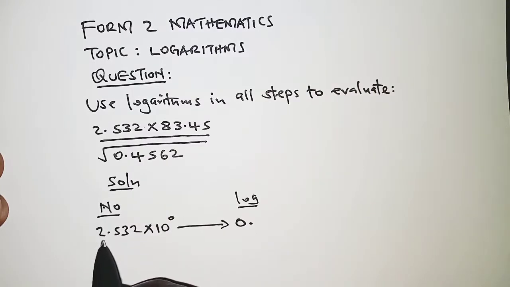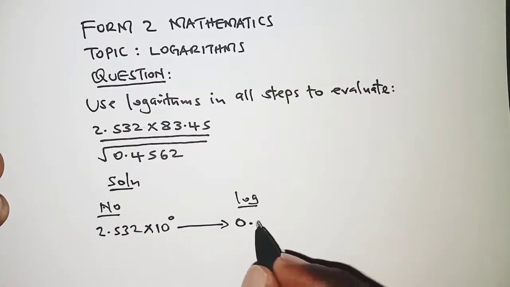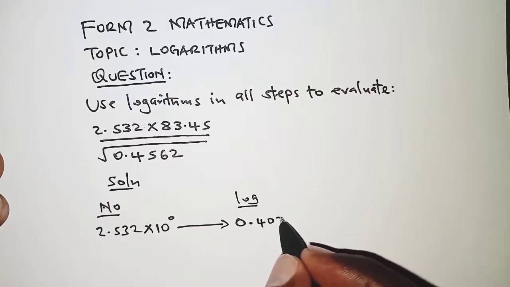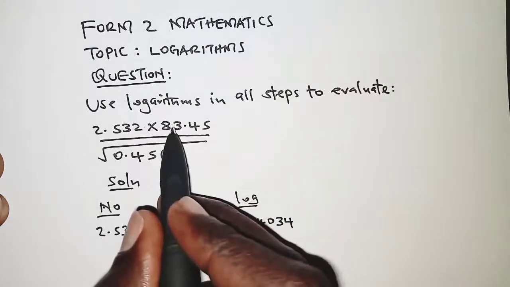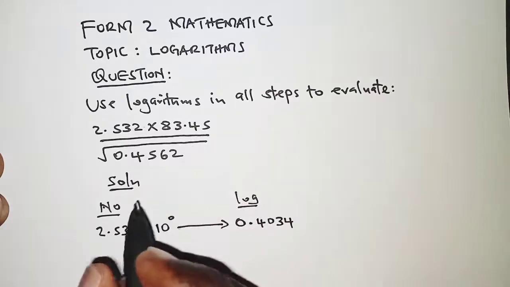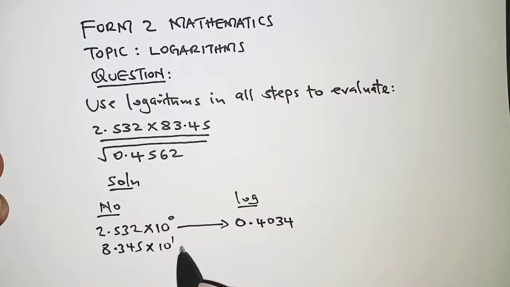So reading the logarithm of 2.532 from the tables correctly, we will have 0.4034. Once we're done with that, the next number is 83.45. In standard form, that should be 8.345 times 10 power 1.